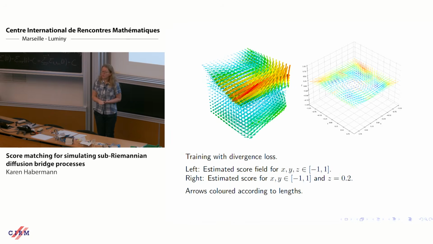This is if you start off using this divergence loss, which theoretically is very nice because it's a correct loss function which tells you how good your approximation is to your true score. But there were remarks that it has unstable convergence, and this is why here you have some errors appearing, which are not that nice.